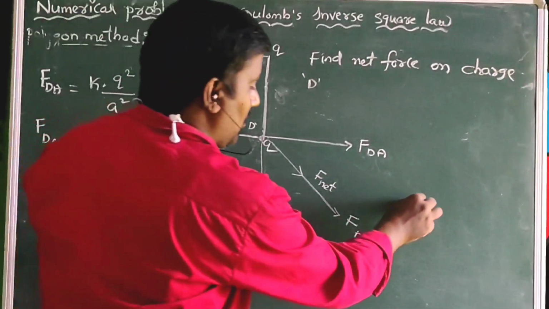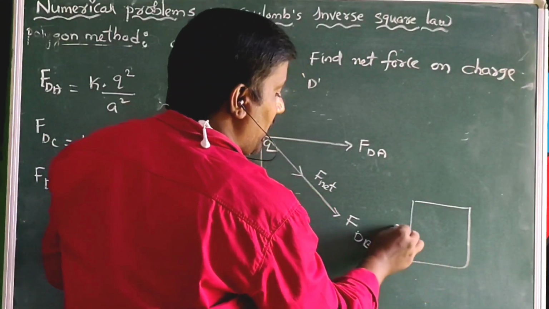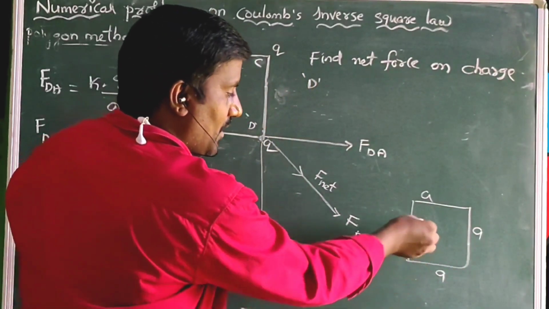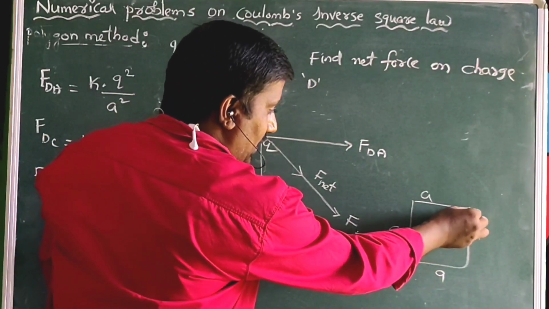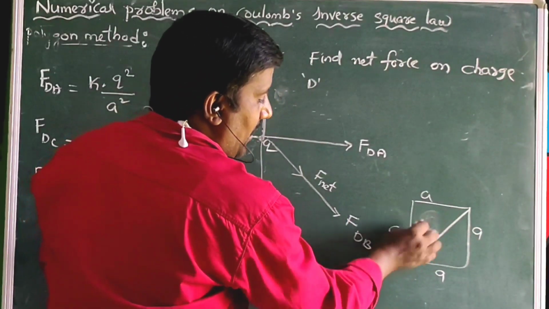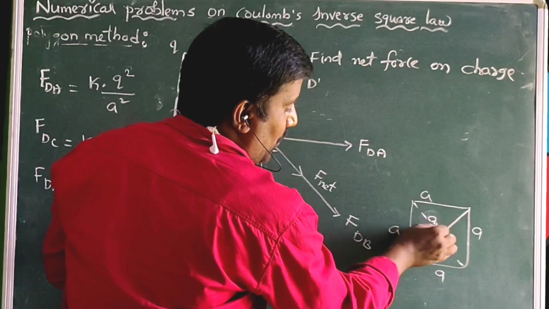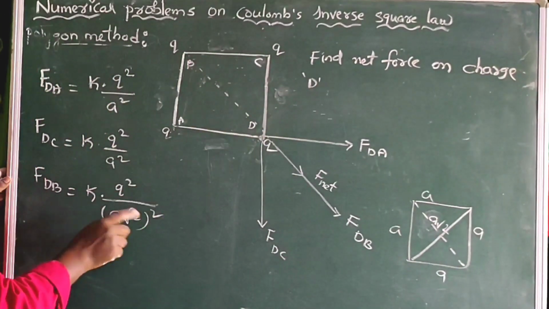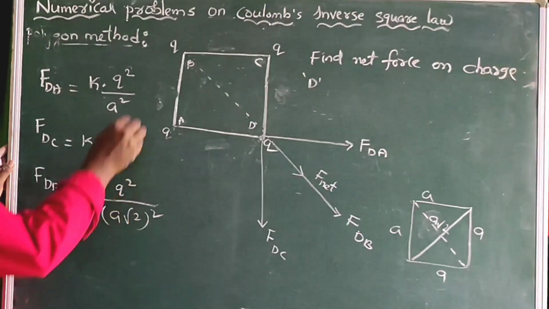Already we know the side of the square is A, so the diagonal length is A root 2. Here this diagonal length is also A root 2. So the distance between these two charges is A root 2, that is A root 2 whole square.